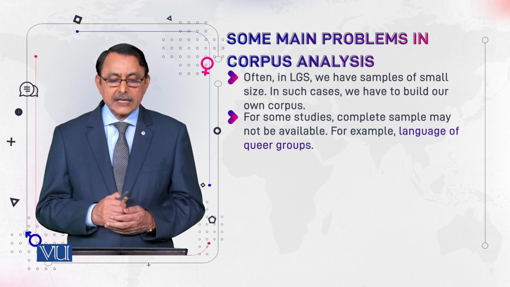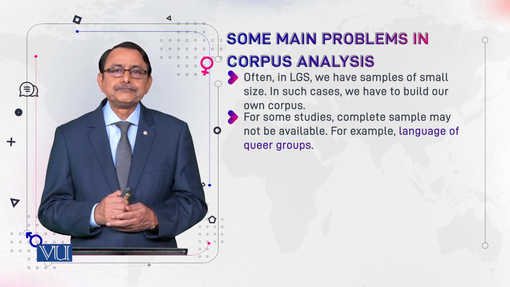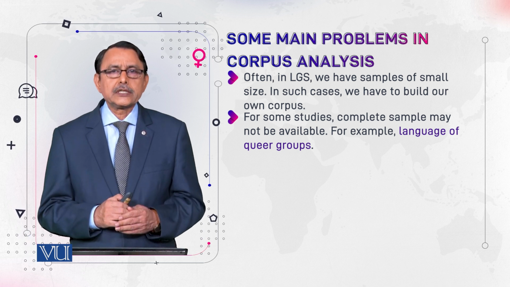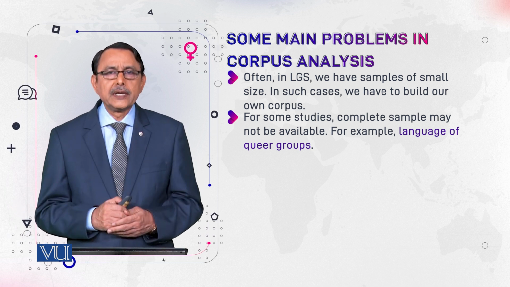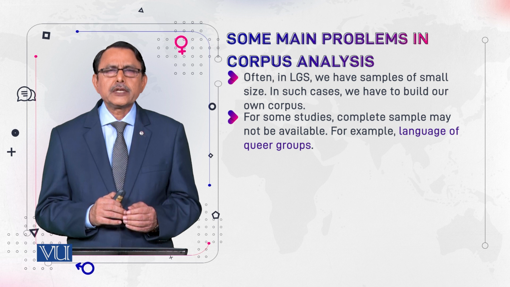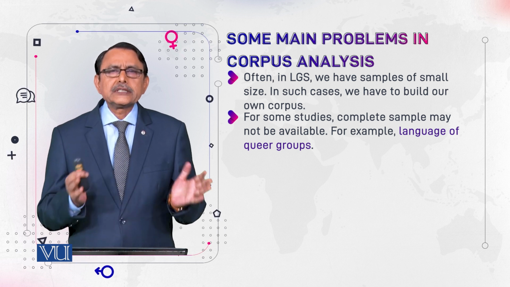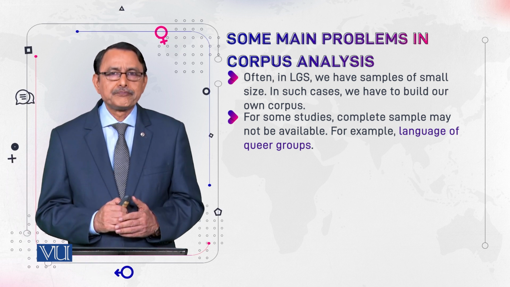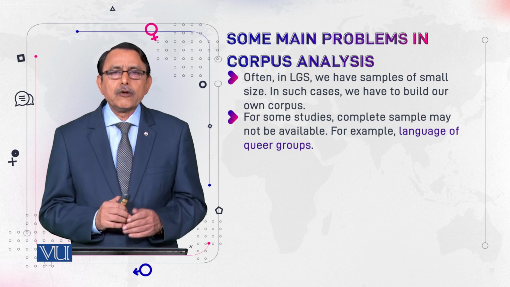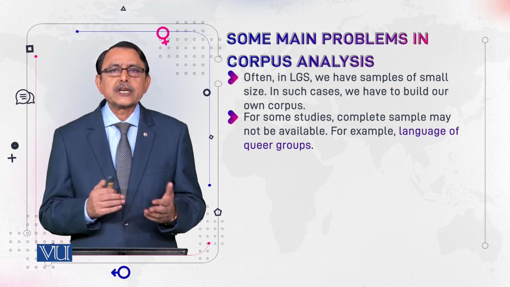For example, language of career groups. So this language is developing, and it is a very complex type of language. We have discussed why these people use such kind of language.